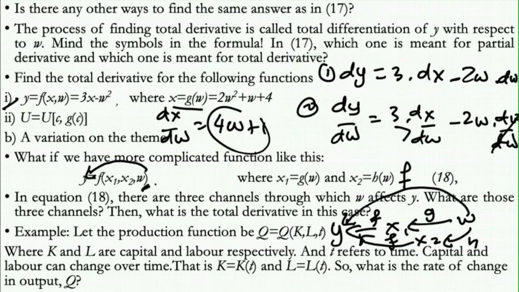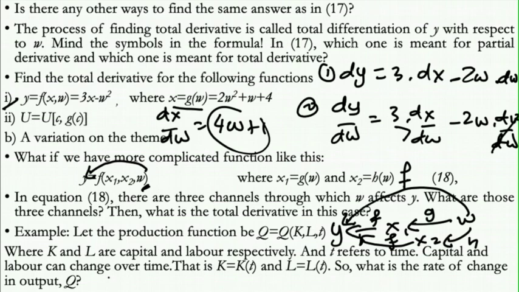For instance, let the production function be output Q as a function of capital, labor, and also t here. T here refers to time. So capital and labor can change over time, which means capital is a function of time and labor is also a function of time. So what is the rate of change in output here?